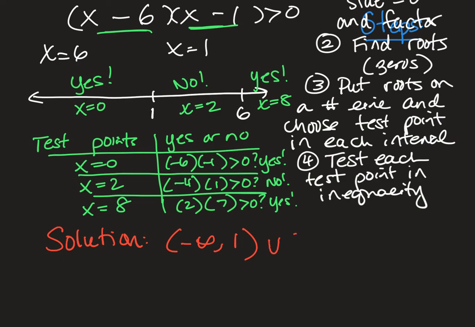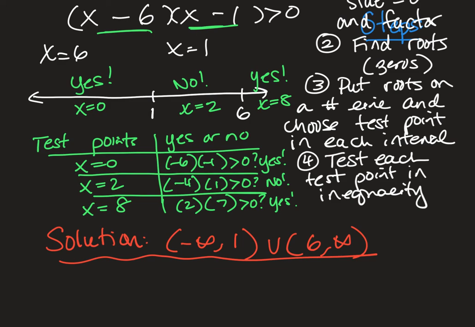And then it picks up again from 6 to infinity. If you visualize what this parabola looks like, it does open up, so it makes sense that it's greater than 0 at the tail ends, as it's opening up. So there's my solution right there.